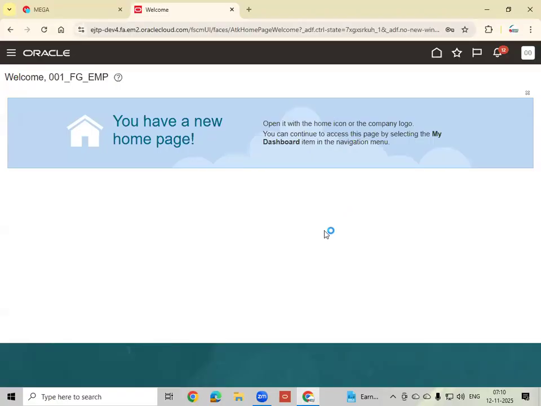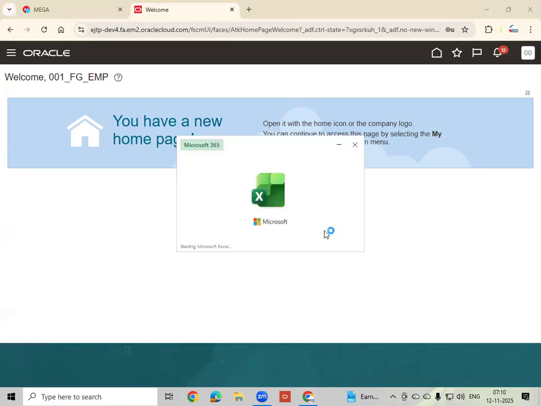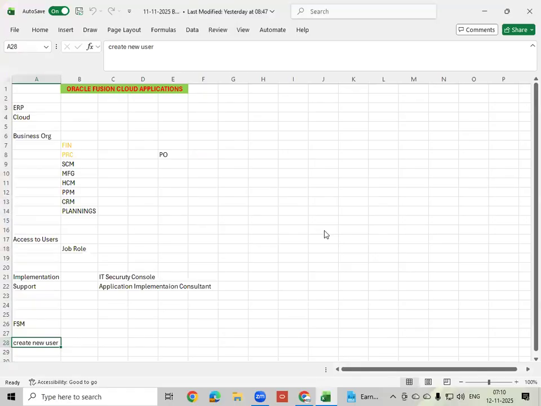We assigned job roles, IT security manager and application implementation consultant. So why did we assign these two job roles? The IT security manager job role provides access to the security console.